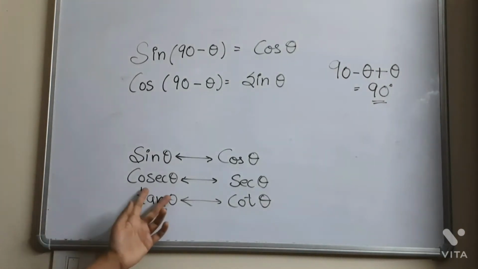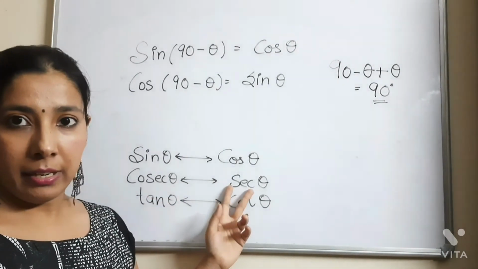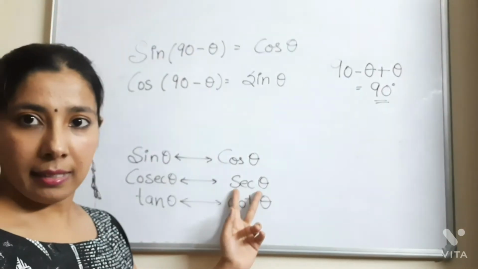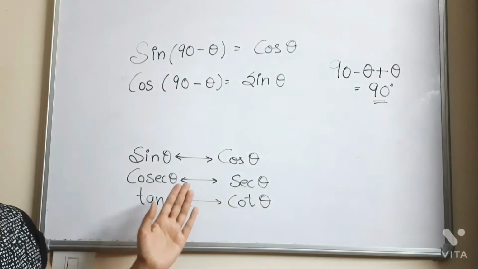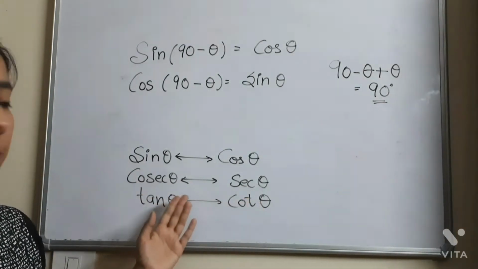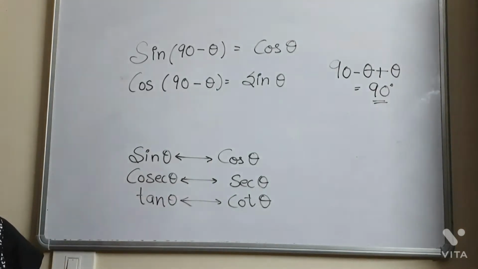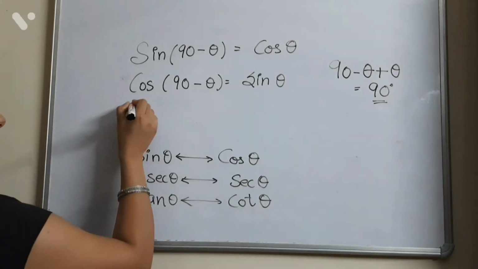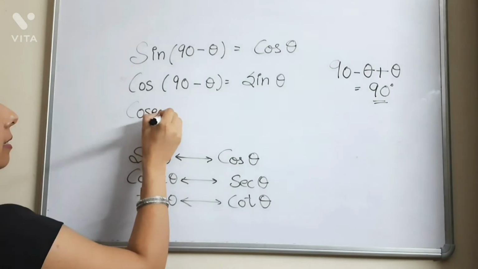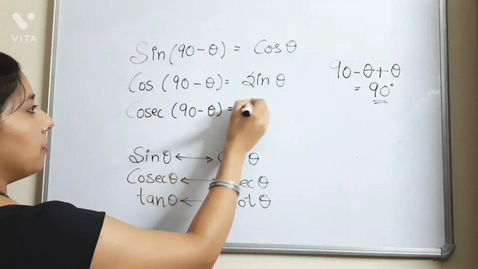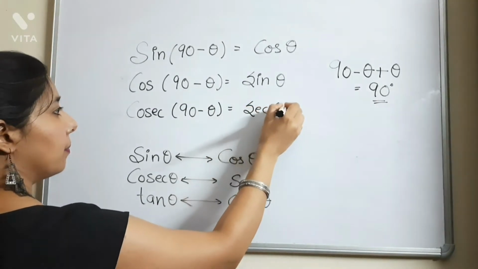In this way, the second complementary pair that I have written here is between cosecant theta and secant theta. Now you people can easily judge what it means by the complementary pair between these two trigonometric ratios and write it yourself. Let me write it for you. It means that cosecant of 90 minus theta gives you secant theta.